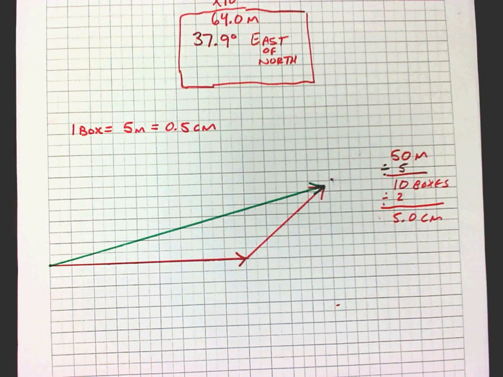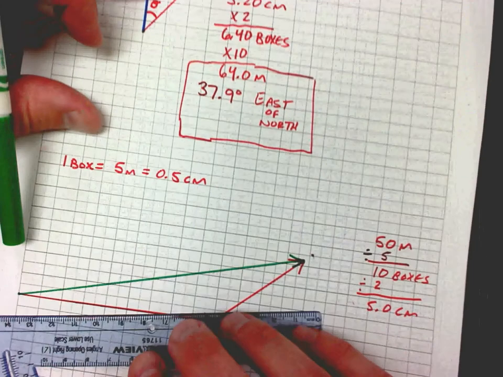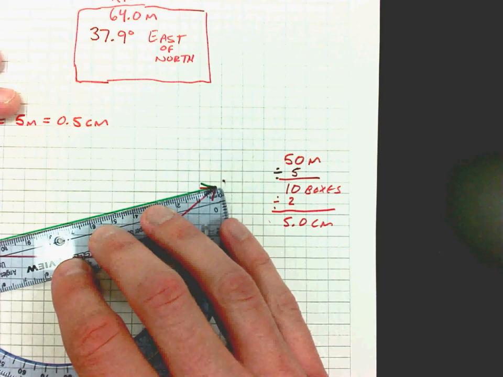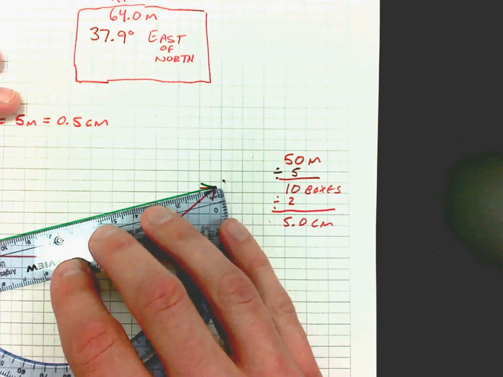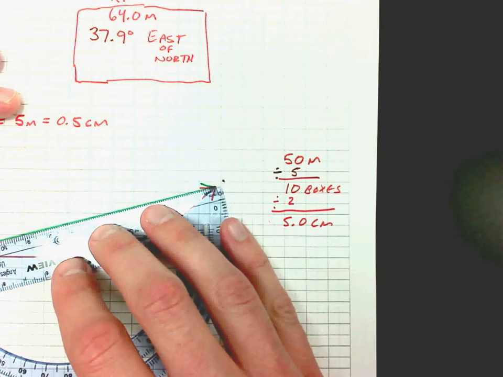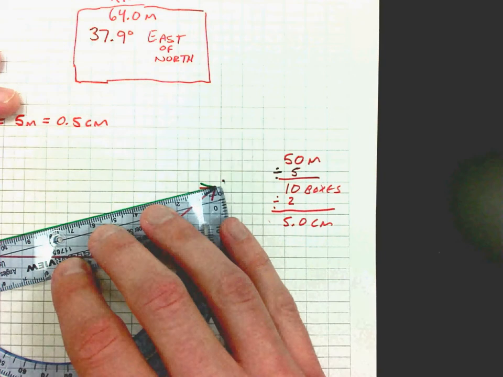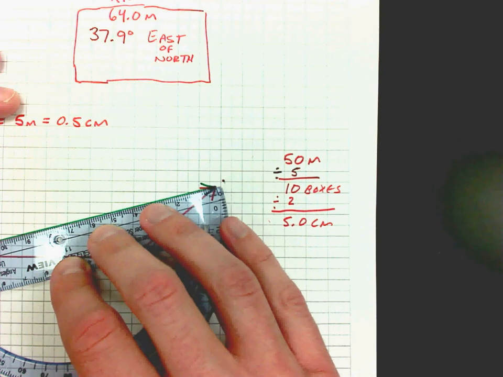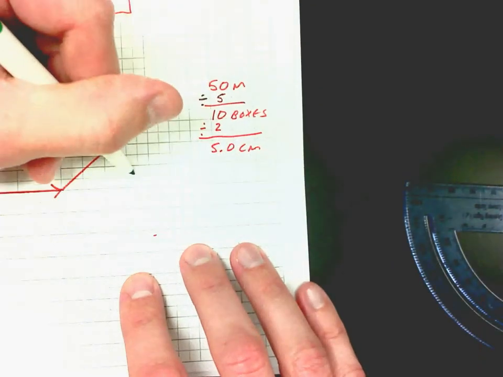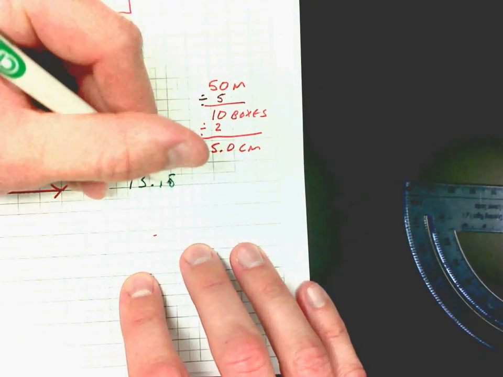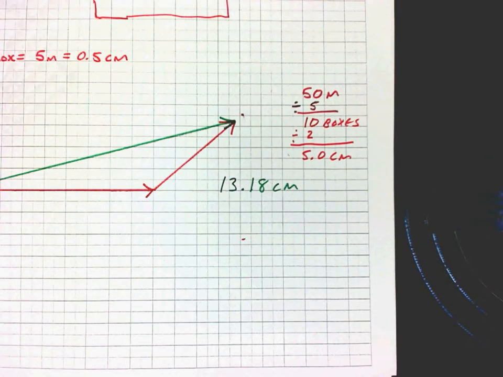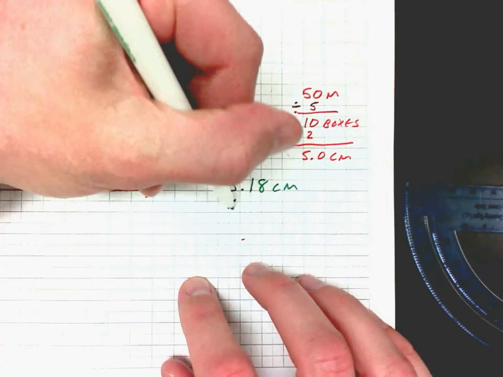Next step, measure the resultant, and remember to do that very carefully. All right, let's see. Looks a little bit under 13.2. I'm going to call it like 13.18. 13.18 centimeters. That's the length. And so now remember, we're going to multiply that by 2 to get that to half centimeters.